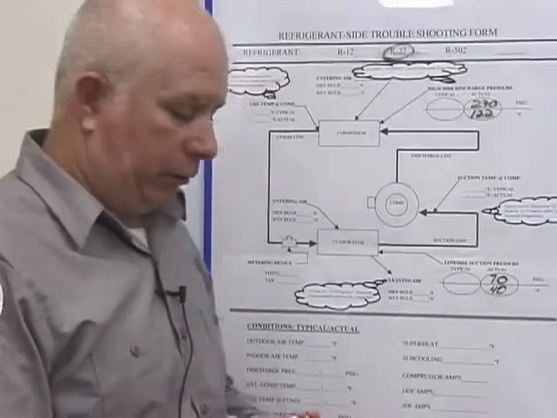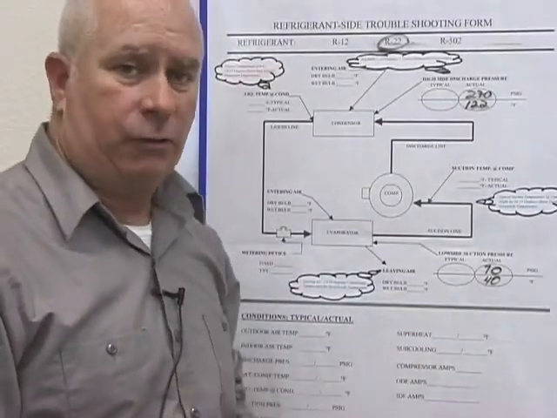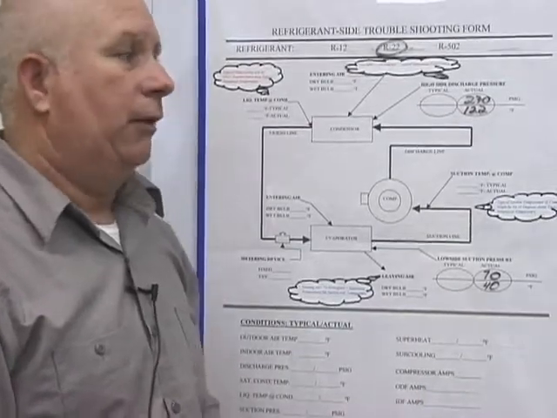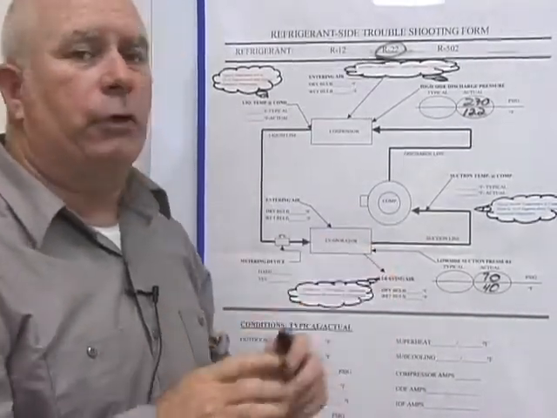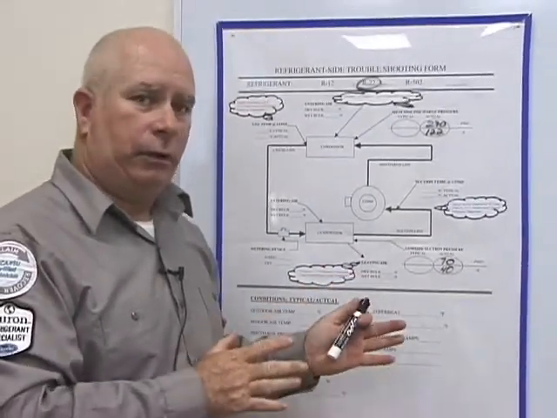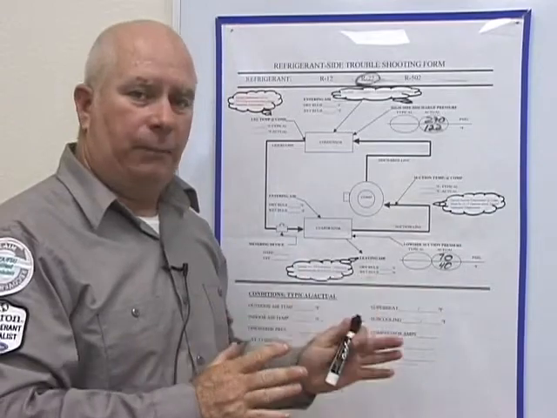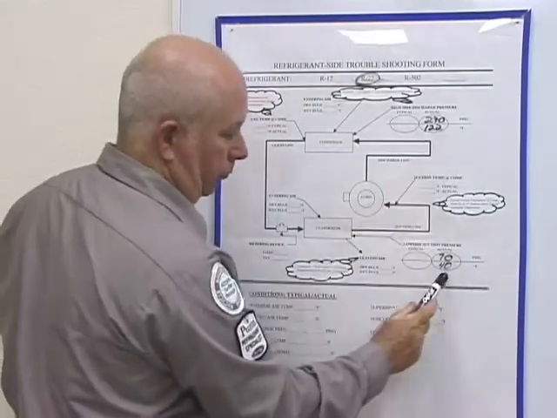Now that 40 degrees and that 122 degrees are known as saturation temperature degrees. That is the degrees at which the refrigerant is beginning to change state, be it liquid to vapor or vapor to liquid. So that's what saturation temperature means.